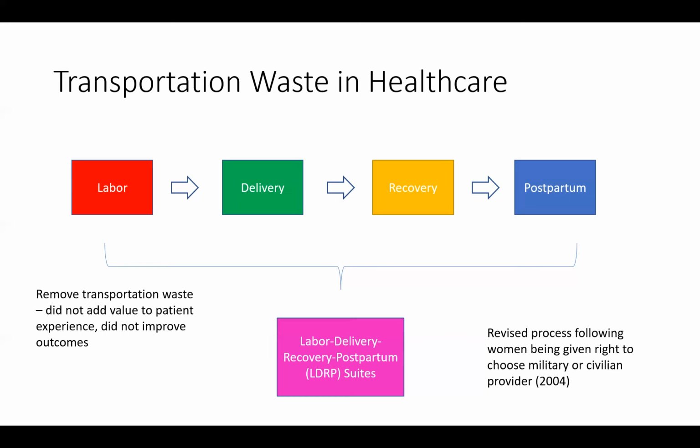But had this policy been in place, living in San Antonio, we could have chosen to have my wife get her OB care and deliver her baby through the military, so at the military hospital that I described, or she could have chosen to go out to the civilian economy where there are lots of hospitals in San Antonio that she could have chosen to deliver at. At the time she gave birth, we didn't have this choice. But in 2004, we did.